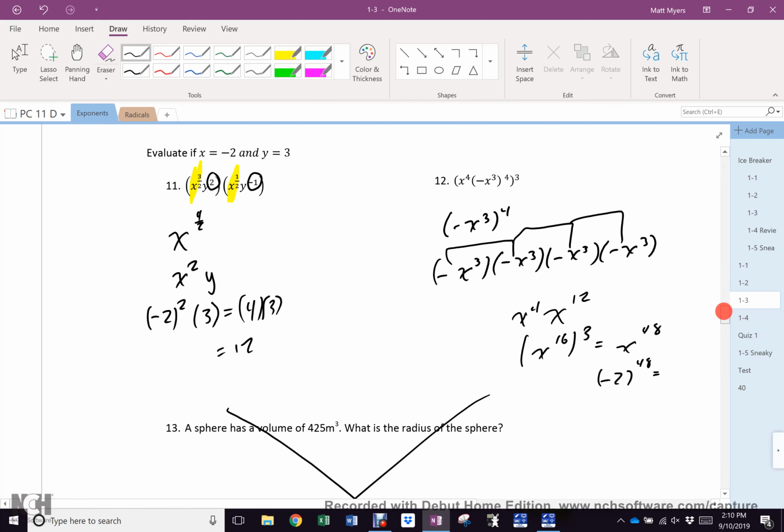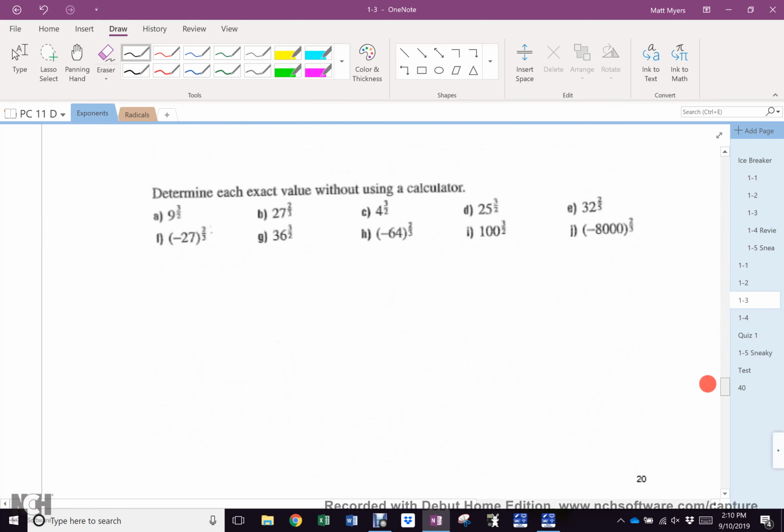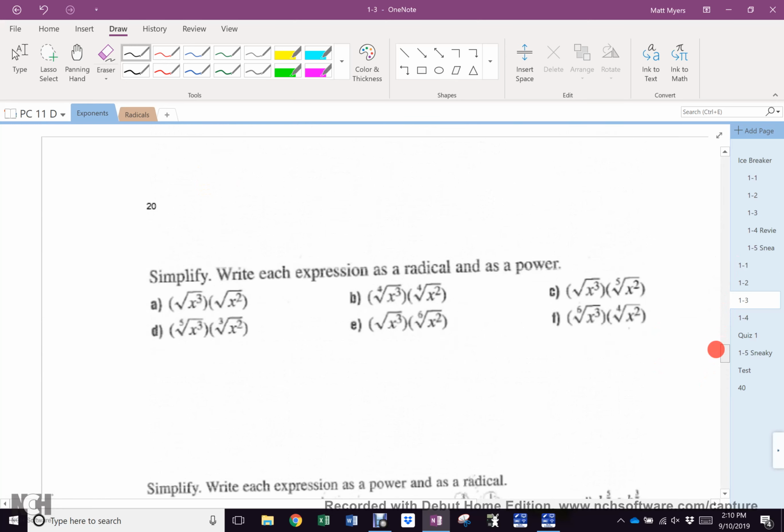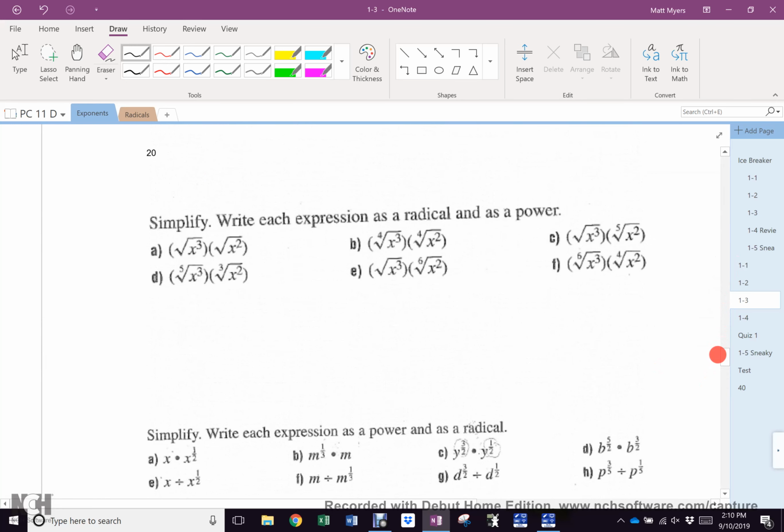Now, you are doing 20 and 21. You will see the right answers tomorrow. If you notice a pattern, are you allowed to start working in your head? Of course you are.